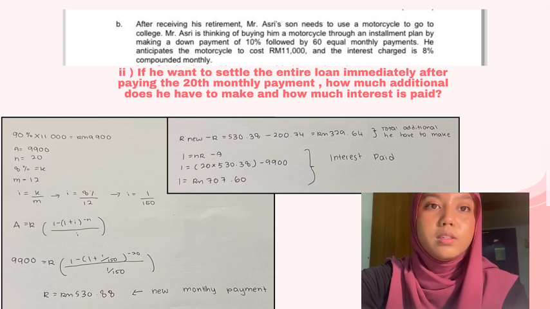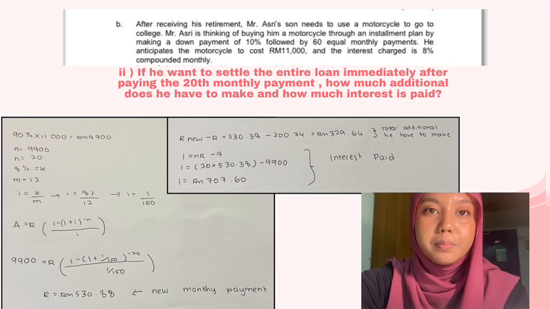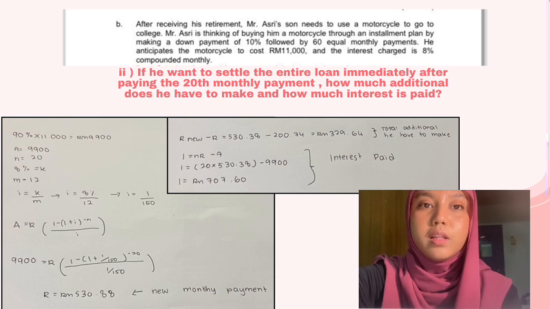So 9,900 equals R, 1 minus 1 plus 1 over 150 to the negative 20, divided by 1 over 150. So the new monthly payment is 530 ringgit and 88 cents.